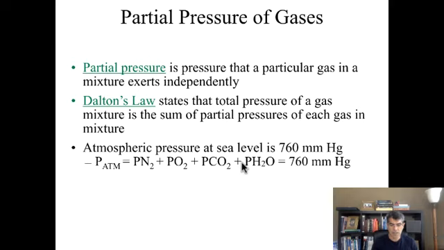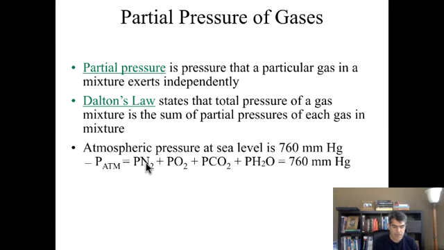Now the question is, how much of this 760 comes from nitrogen? And how much of this 760 comes from oxygen, and so on and so forth? Well, the answer is the pressure of nitrogen depends on the percentage of nitrogen. How many percent of the gas in this room is nitrogen? I hope you know that 78% of our gas in the space is nitrogen.